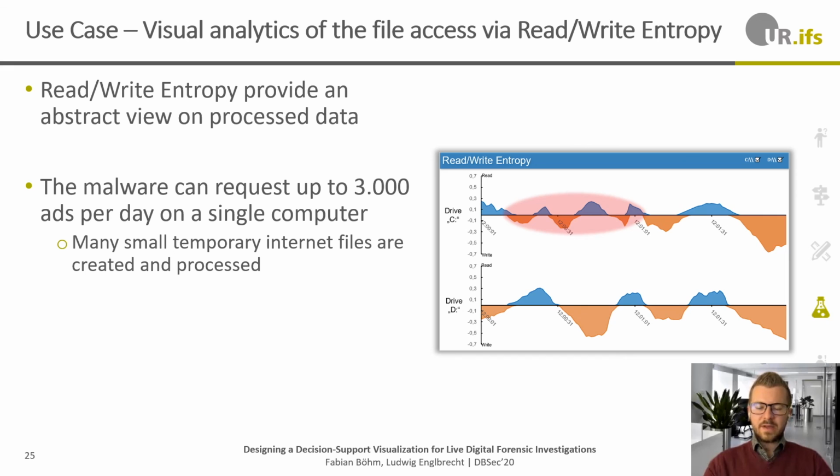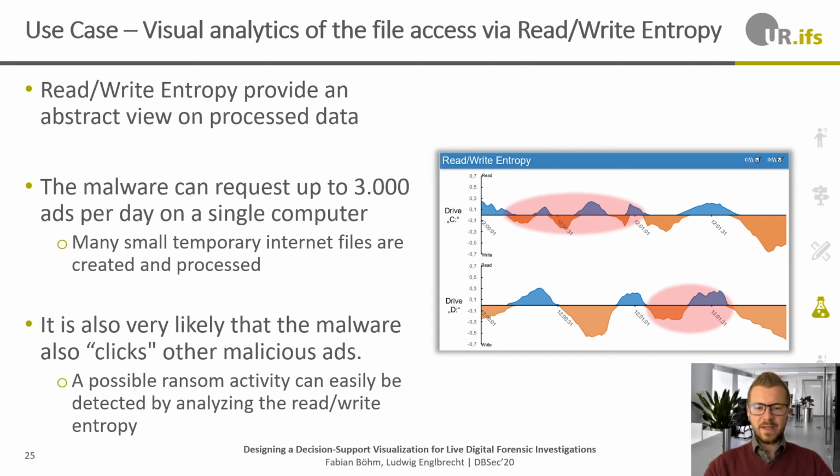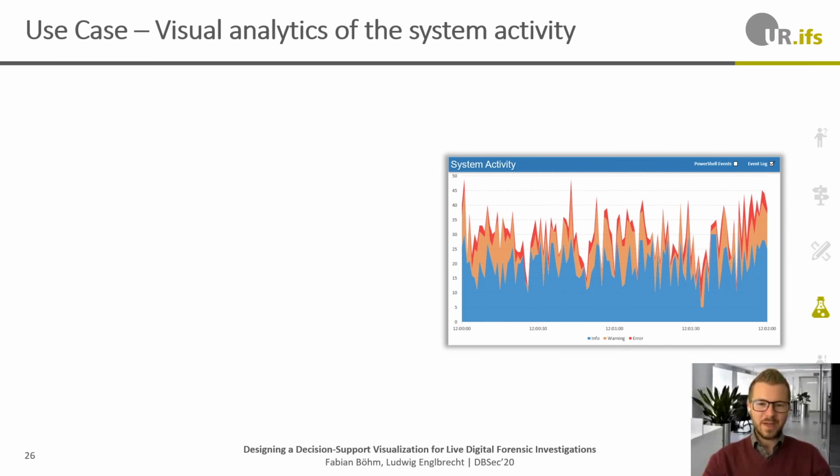This is indicated at the right-hand side. It is also very likely that the malware clicks on another piece of malware and gets in contact with some ransomware. This is not very good, but we can observe this too, if a ransomware starts to decrypt files on the system.